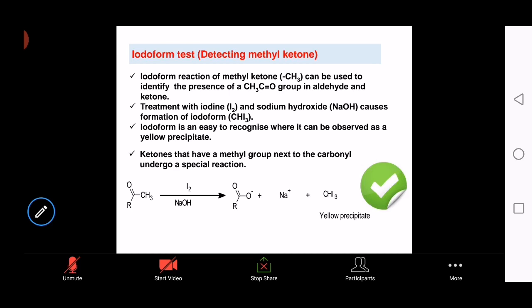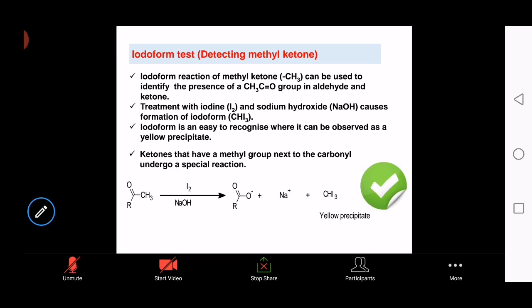Boleh tengoklah, dia kata iodoform reaction of methyl ketone can be used to identify the presence of CH3C=O group in aldehyde and ketone. So treatment with iodine and sodium hydroxide causes formation of iodoform. And then iodoform is easy to recognize where it can be observed as yellow precipitate. So bila adanya group C=O CH3 ataupun methyl ketone, ataupun methyl carbonyl, dia akan give positive result, akan form triiodomethane which is a yellow precipitate.